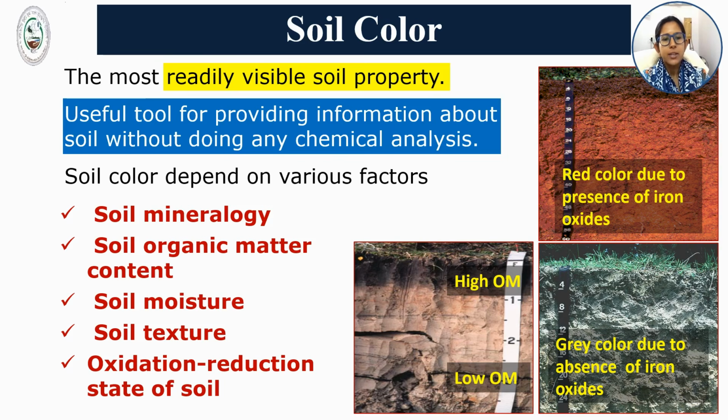Similarly, with an increase in soil moisture content, we observe a darker color in the field compared to low soil moisture content. For soil texture, the heavier the texture or the more clay content, the darker the soil color tends to be. Also, the state of oxidation reduction in the soil decides the soil color. Generally, under waterlogged or reduced conditions, a grayish or greenish tinge is seen in the soil.